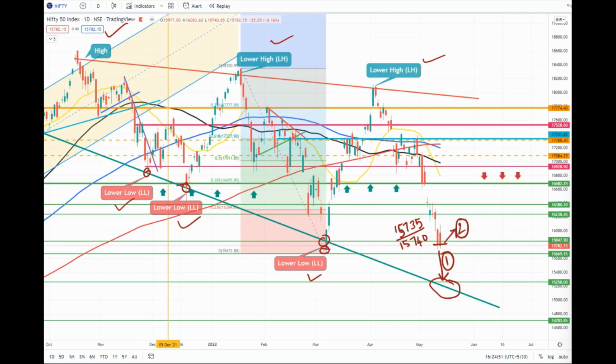So which is the most possible one? It can be anyone. It can be first scenario or second scenario. So the level which we mentioned in our previous weekly and monthly video, that is 15,669.